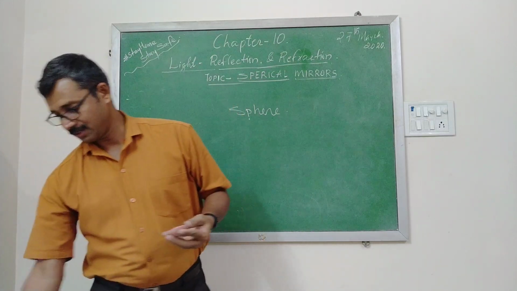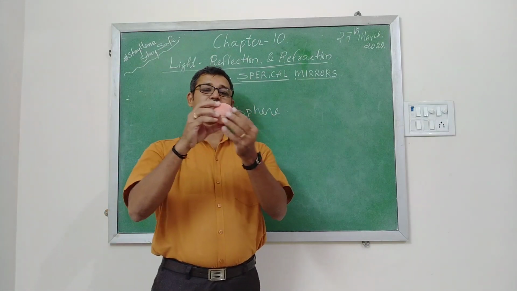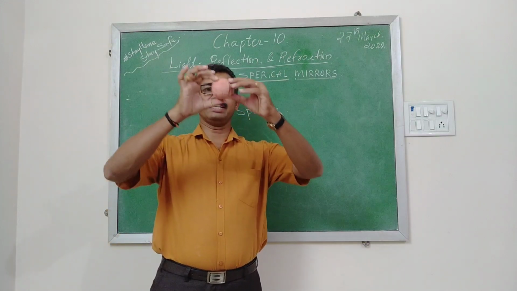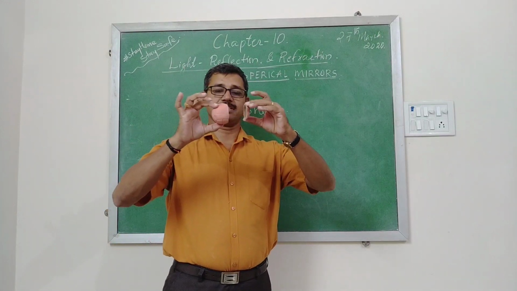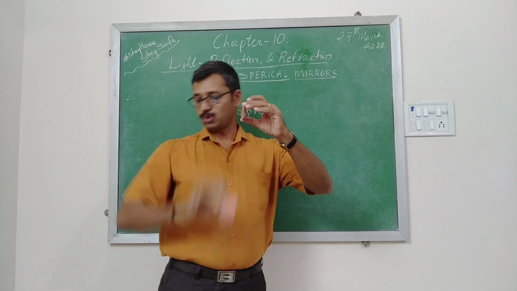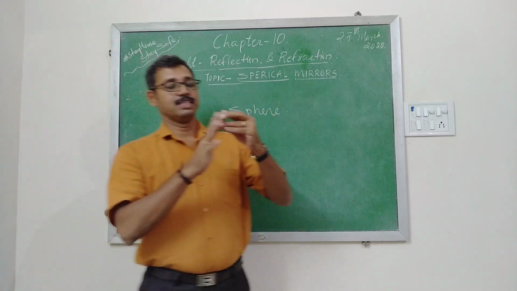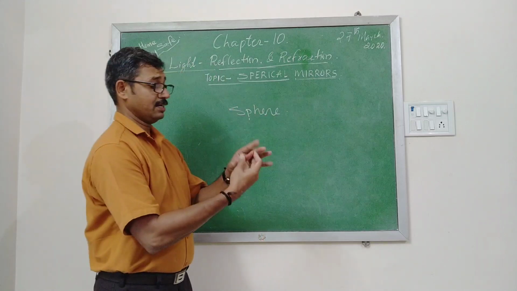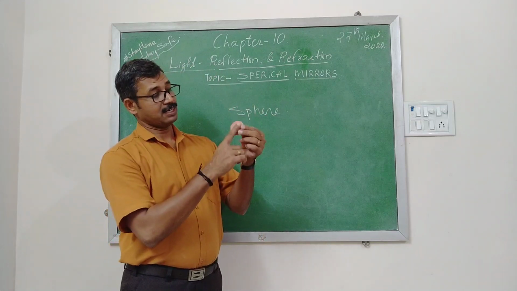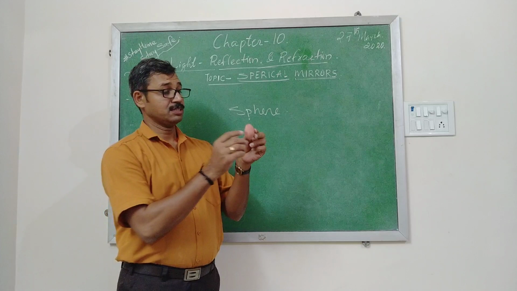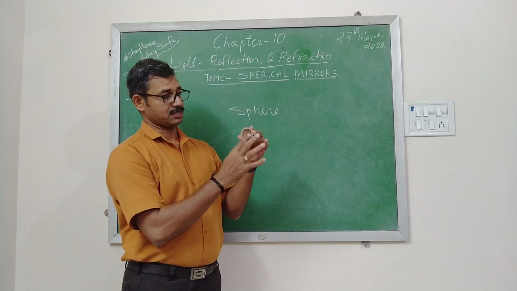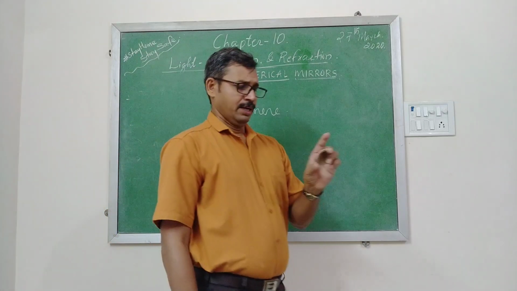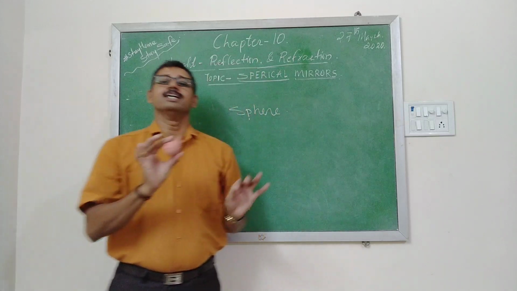Now look, this is the sphere, and I cut this part from it. Now this has two parts, that is, one is the outside curve, the other is the inside curve. This is the concept of the spherical mirror.